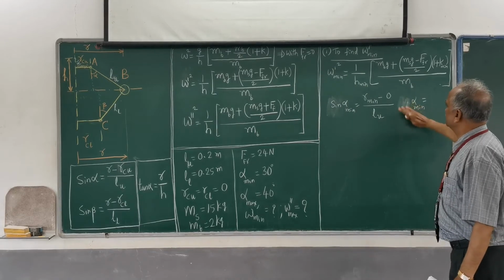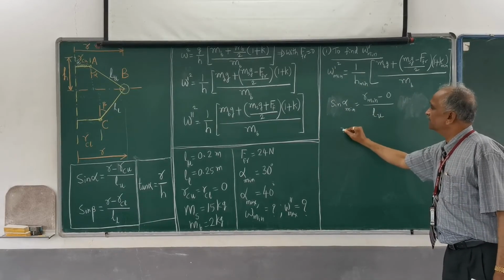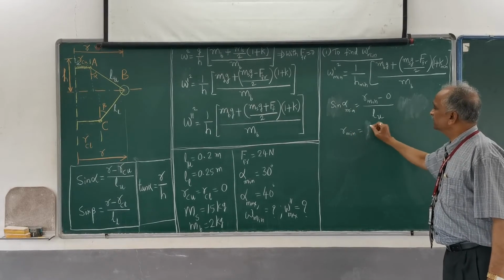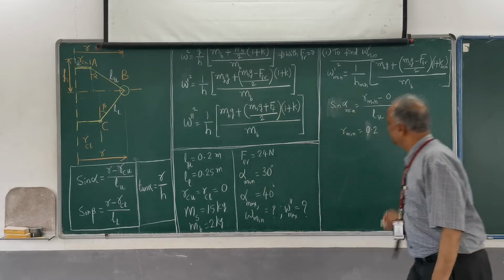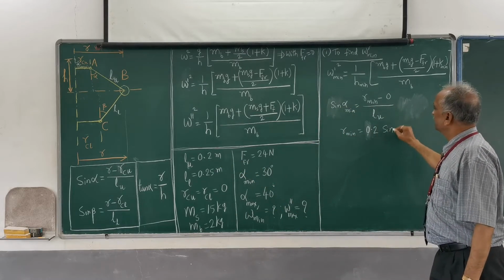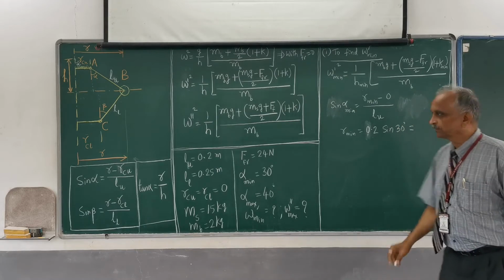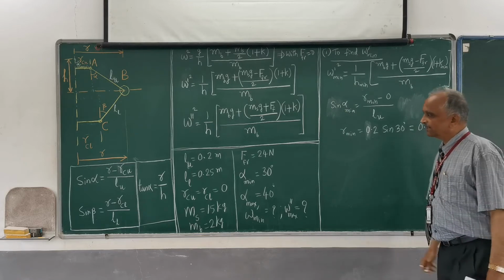Or you can substitute, and R minimum is equal to Lu, which is 0.2, into sin of alpha minimum, which is 30 degrees. That gives 0.1 meter. So this is R minimum.